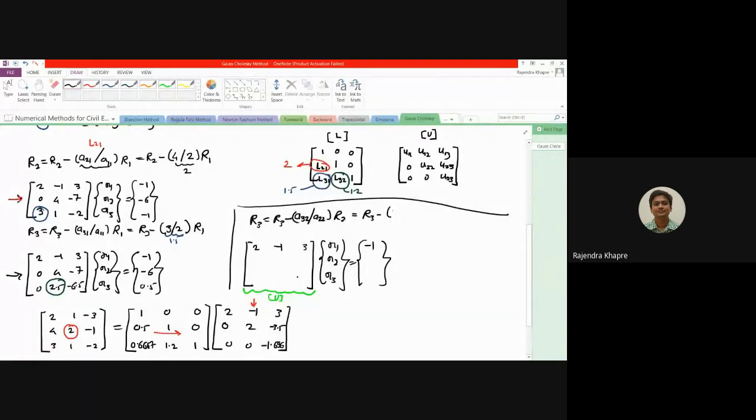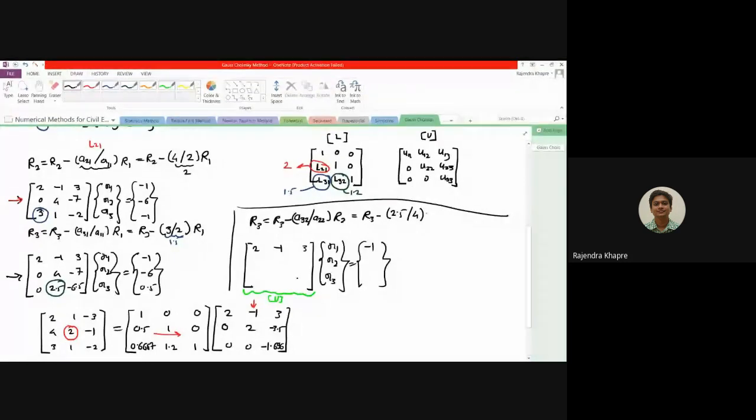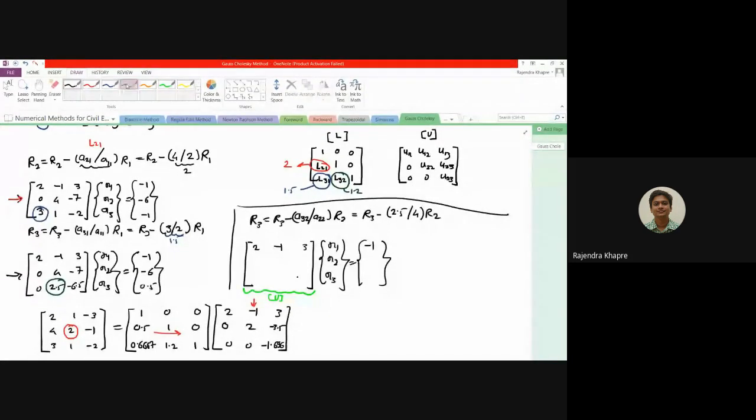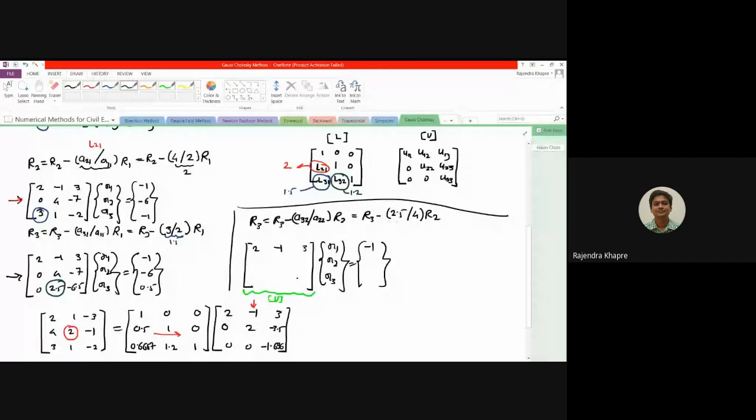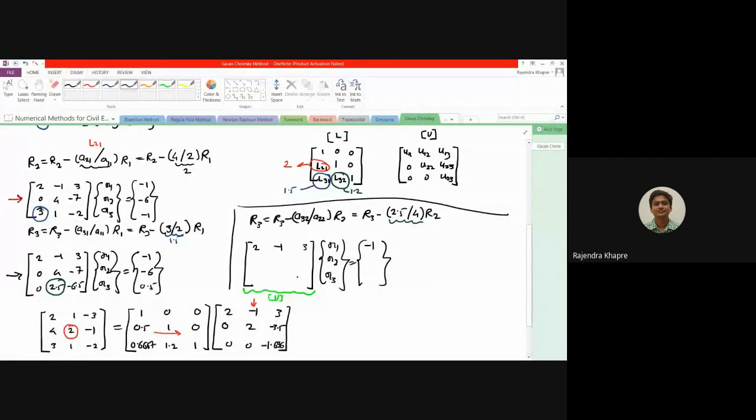A32 is nothing but 2.5 divided by 4, into R2. So as a result of this, this expression is nothing but 1.2. Okay, so how much is this value? 0.625. Is it correct? Okay.